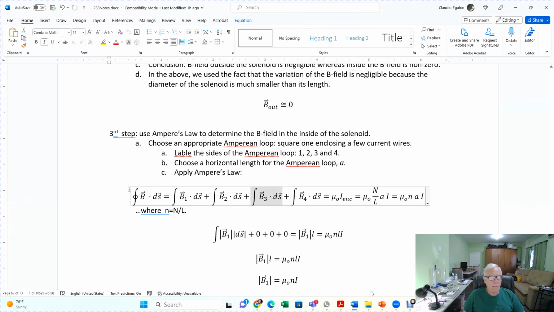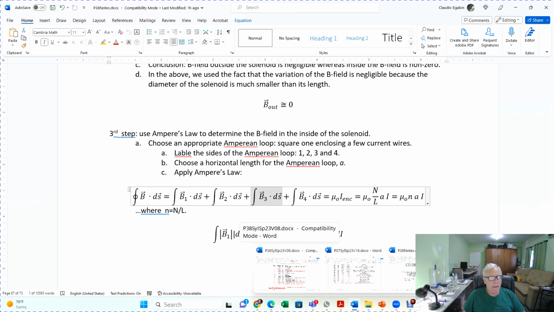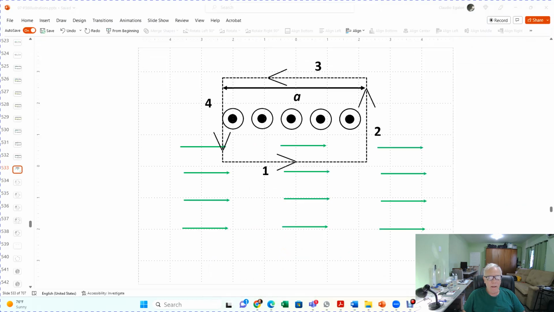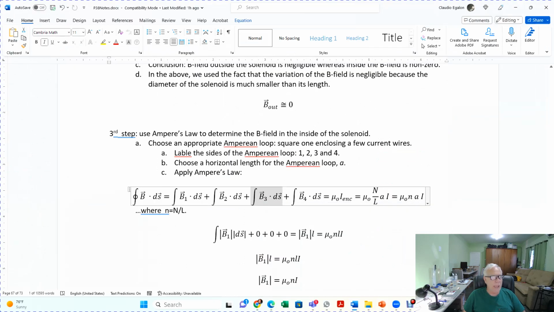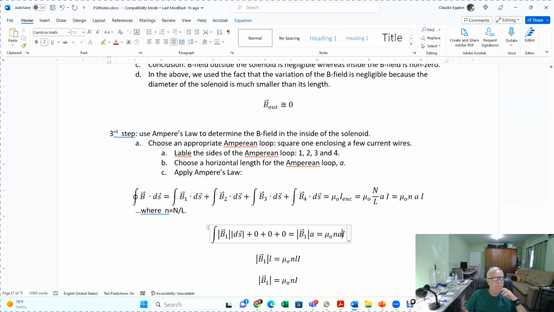B3 is in the region outside the solenoid, so 0 times something that's not 0 is going to be 0 as well. So we have this, and it's going to be A as well. A is an arbitrary length. And look what we get.